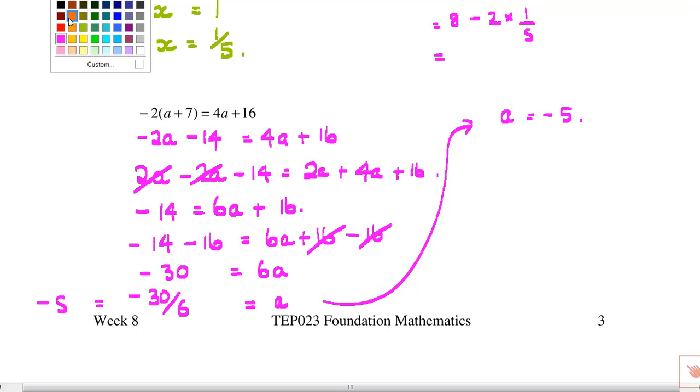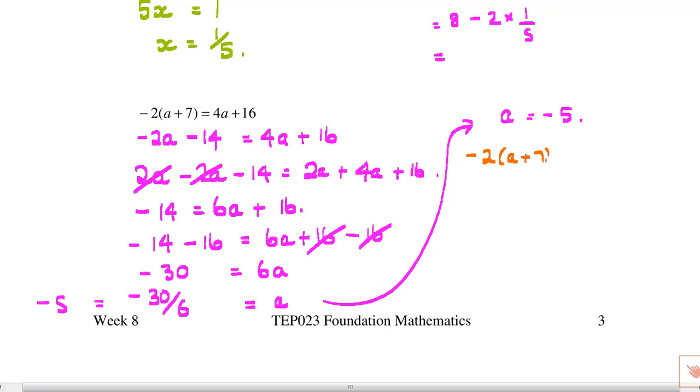Let's just substitute that back into the left hand side and the right hand side. So left hand side, -2 outside of a plus 7, and that's going to be -2 outside of -5 plus 7, which is -2 times 2, answer of -4. That's the left hand side.